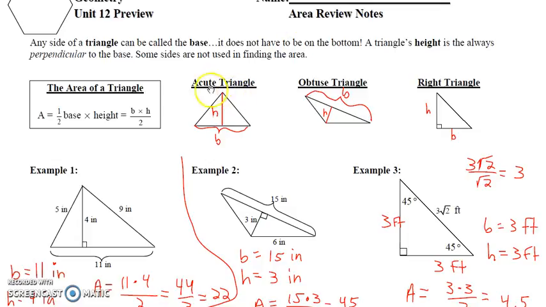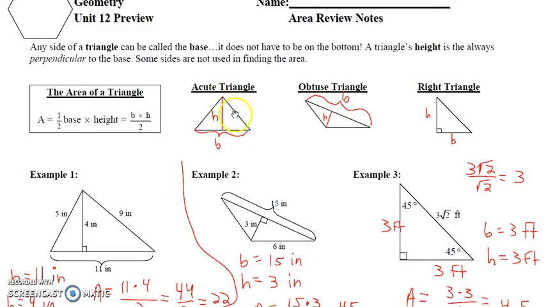So if you look here, for this acute triangle, I'm going to use this side as the base, so I would use the altitude drawn to that side as my height. If I chose to use this side here as my base, then I would go to this vertex here and draw that altitude. That would be the height, which is what you see in this obtuse triangle here.